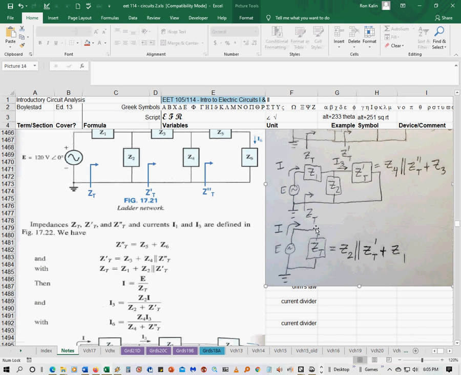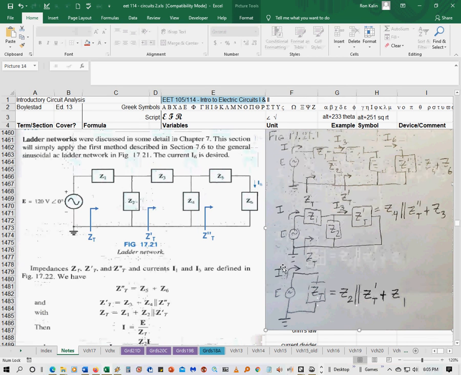So use the current divider like that. I3 would be equal to Z2 times I, which is the source current coming in, divided by Z2 plus Z prime T. And then you do the current divider a second time up here.